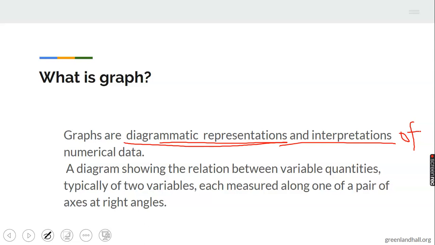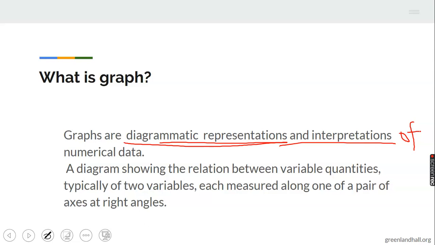You represent it on a diagram and you also interpret it on that diagram. That is what diagrammatic representation means. So those data will be represented on the diagram, and then the interpretation will also follow on the diagram. So in a nutshell, we're using pictures to explain data. That is what graph is all about.